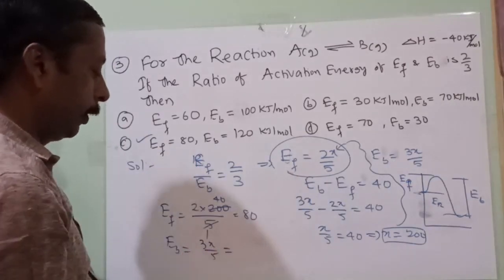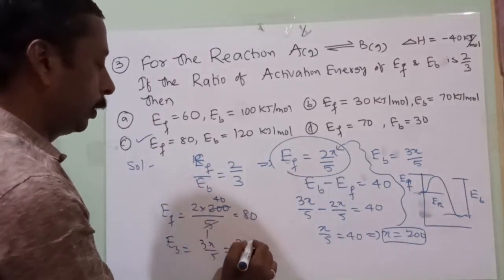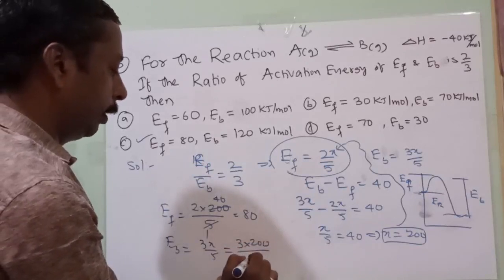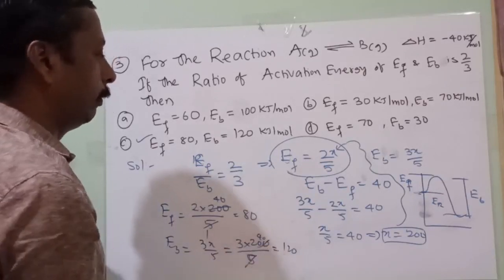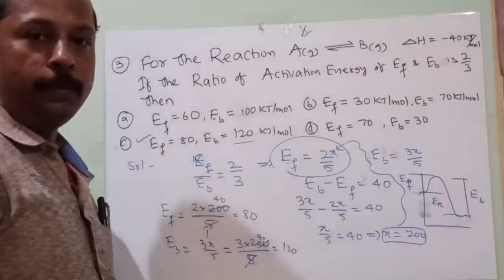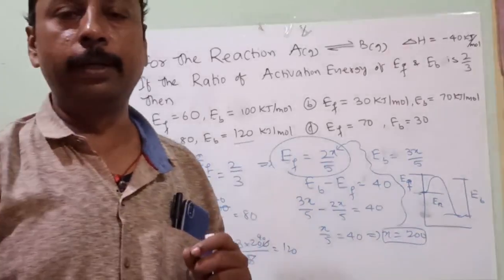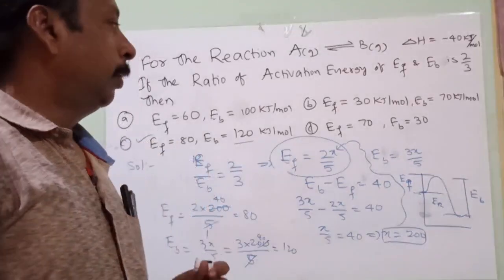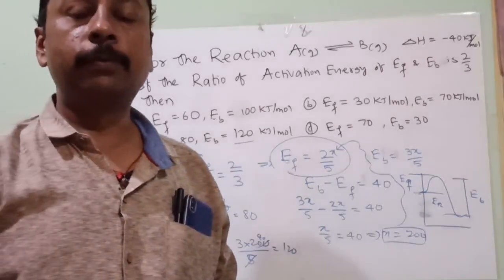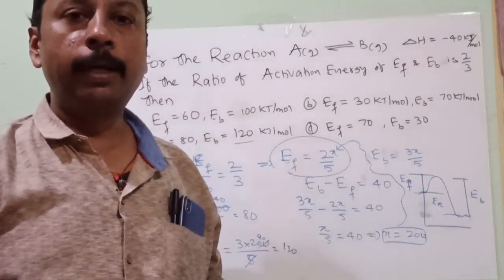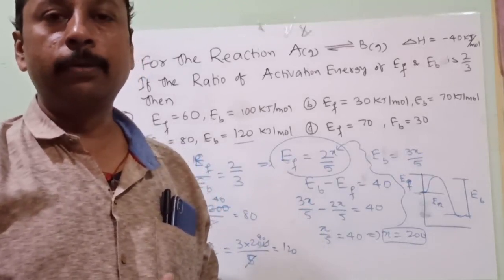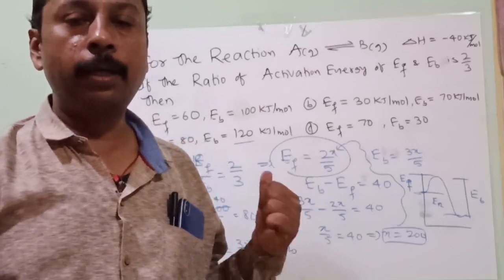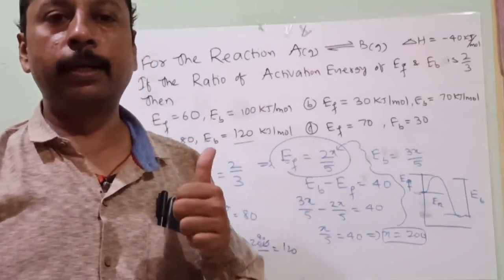So 3 into the x value, which is how much? 200 by 5. Same formula. 5 ones are 5, 5 twenty-fours are 120. So 120. Now I am sure. No chance of a negative. Never take risks, because most of the options are made from calculations with mistakes. Okay, so ready for the next question? Understood this question? Get ready for the next question.